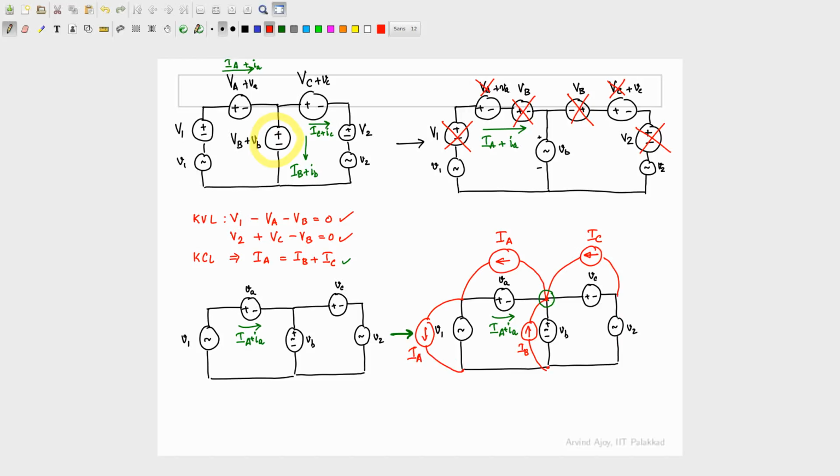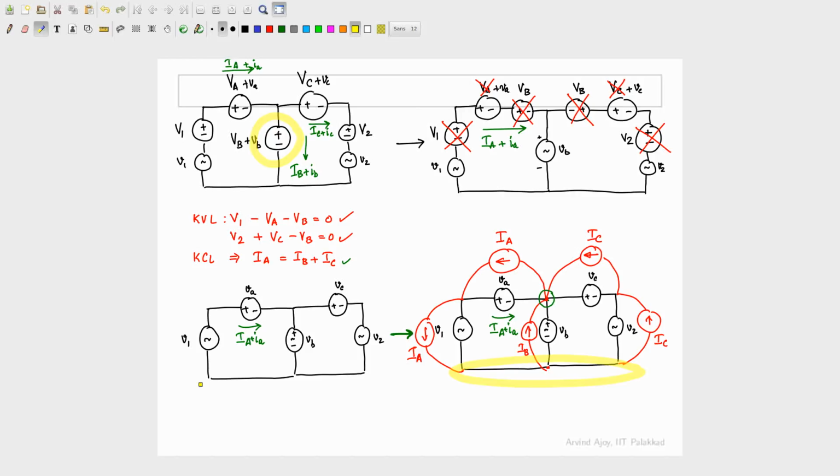But is this enough? What about the nodes? I am pumping IA into this node. So what should I do? I should remove IA, so here I should put this current source, IA. What about this other node? I'm taking out IC from this node, so I should add IC into that node.